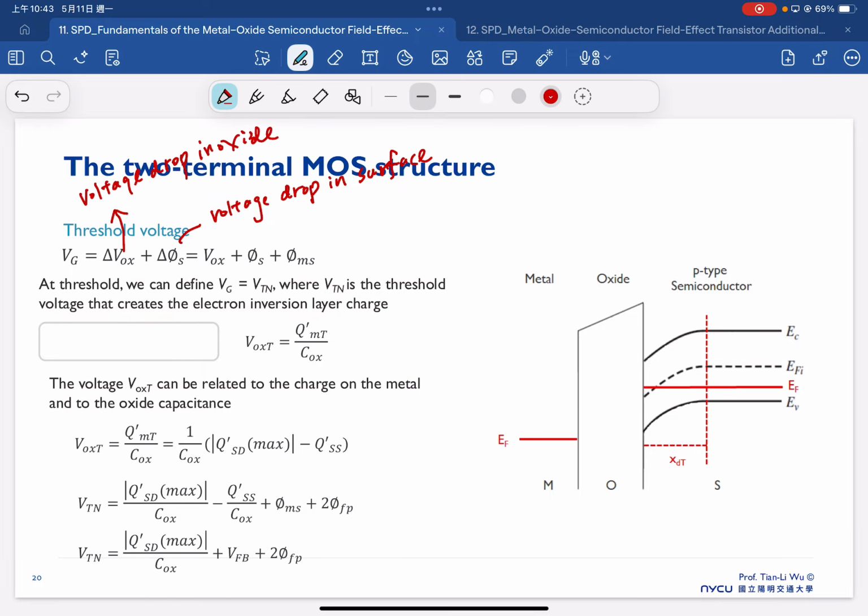With this consideration, Vg equal to VTN is equal to Vox at the threshold point plus 2 phi Fp, because our surface potential, if you look at what we defined previously, is that at threshold phi s equals 2 phi Fp, plus phi ms.